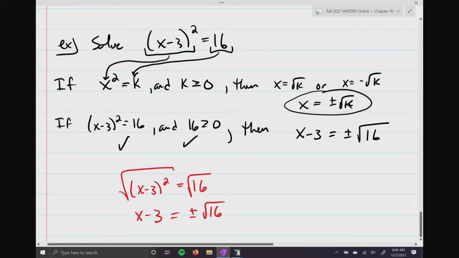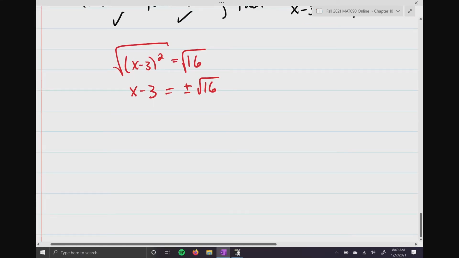Notice it's the same exact thing. So let's go ahead and solve. Plus or minus the square root of 16, well, we know the square root of 16 is 4.